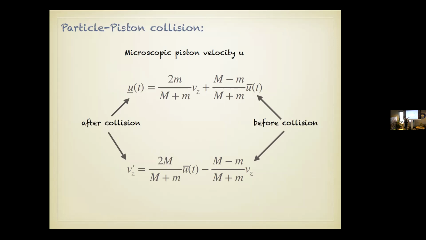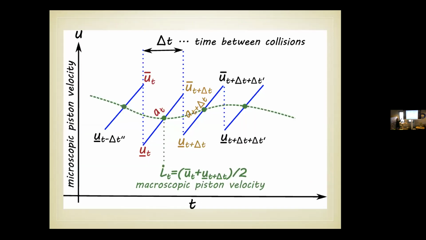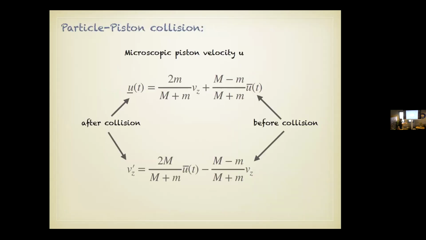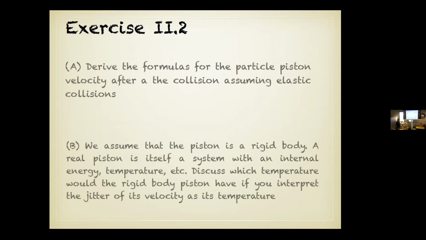If overline U is the velocity of the piston directly before the next particle hits, and underline U is the velocity directly after the particle hits the piston, and the particle moves at velocity vz, then we can compute the piston velocity after the collision given the piston velocity and particle velocity before the collision, and we get the particle velocity after the collision. That is simply classical mechanics 1.